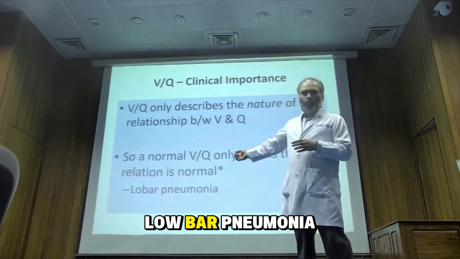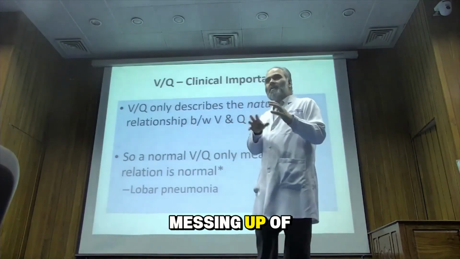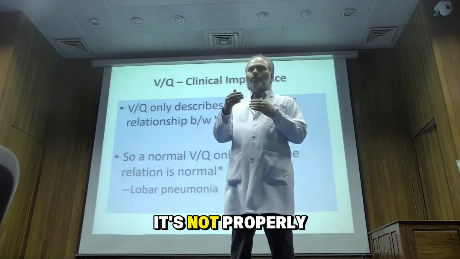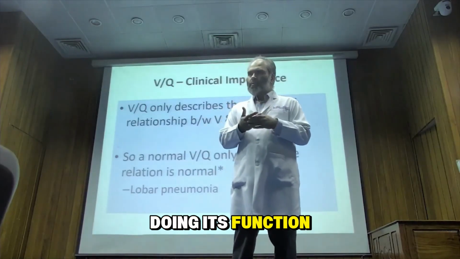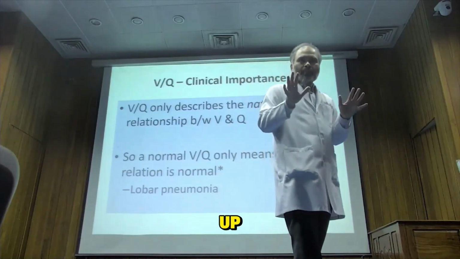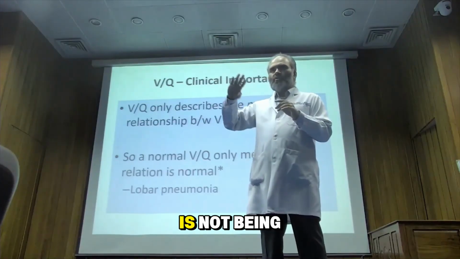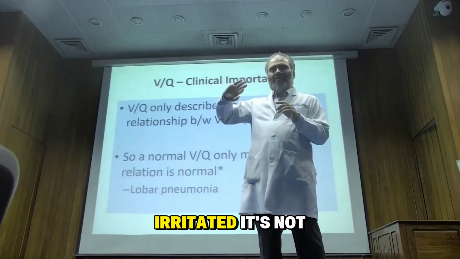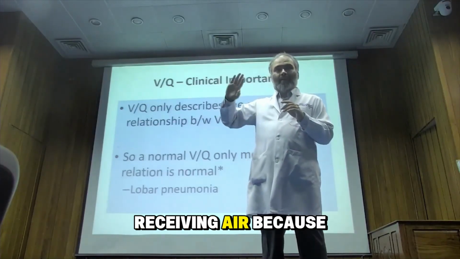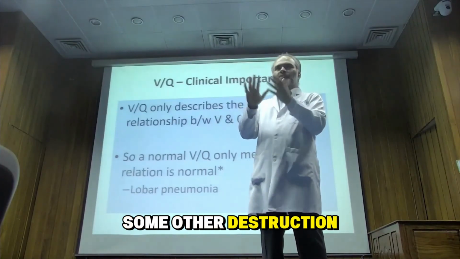What happens in lobar pneumonia? Pneumonia is basically messing up of lung tissue. It's not properly doing its function. It's not receiving air. It's just messed up. An area, a dysfunctional area of the lung, which is not being aerated. It's not receiving air because there is either fluid filled here or some other destruction has happened.